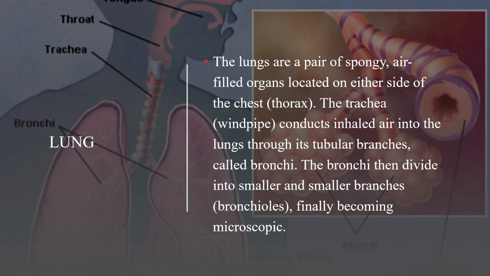The lungs are a pair of spongy air-filled organs located on either side of the chest or thorax. The trachea, or windpipe, conducts inhaled air into the lungs through its tubular branches called bronchi. The bronchi then divide into smaller and smaller branches, bronchioles, finally becoming microscopic.